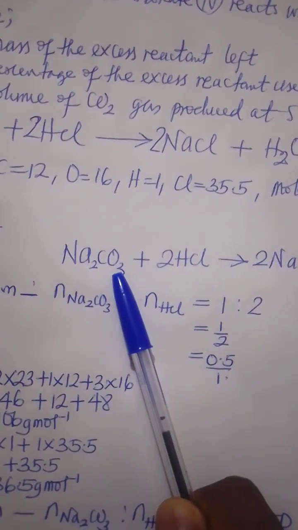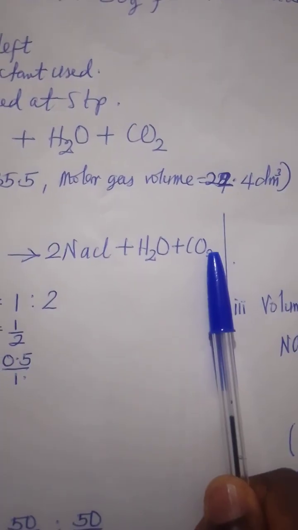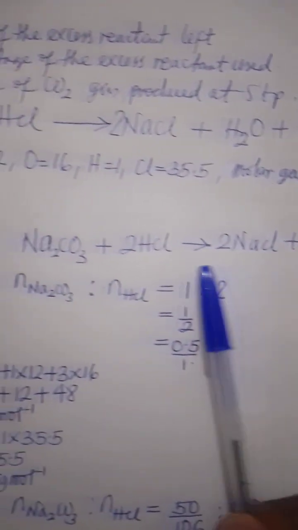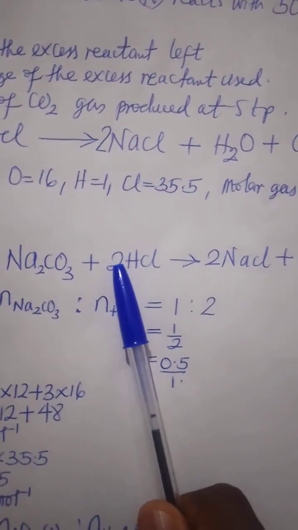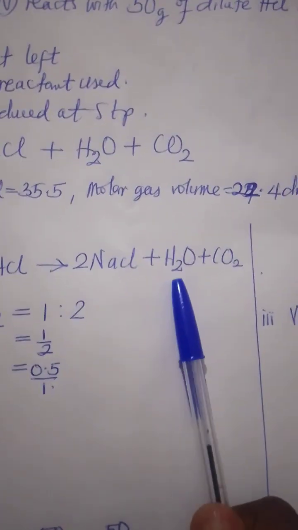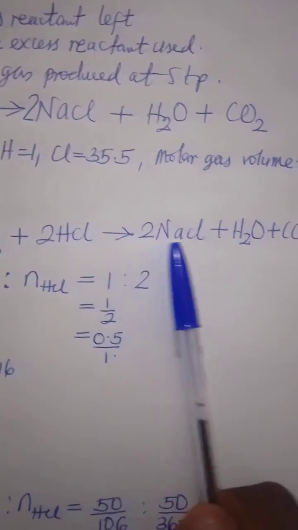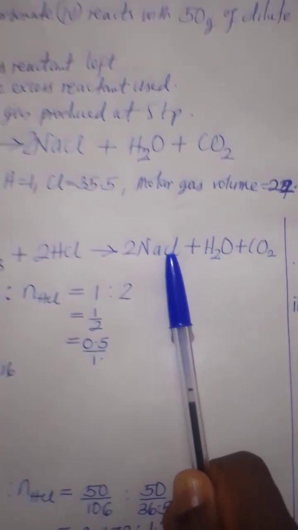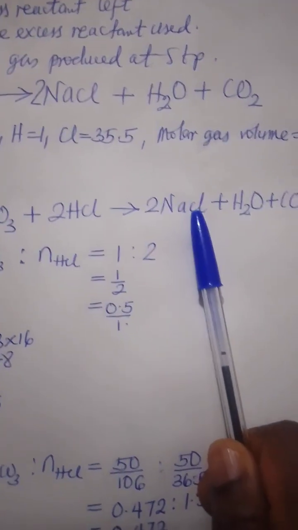We have three atoms of oxygen, and then one here and two here. That makes it three atoms of oxygen. We have one that is multiplied by 2. That's 2 atoms of hydrogen, 2 times the chlorine. That's 2 atoms of chlorine. Therefore, the equation of reaction is balanced.